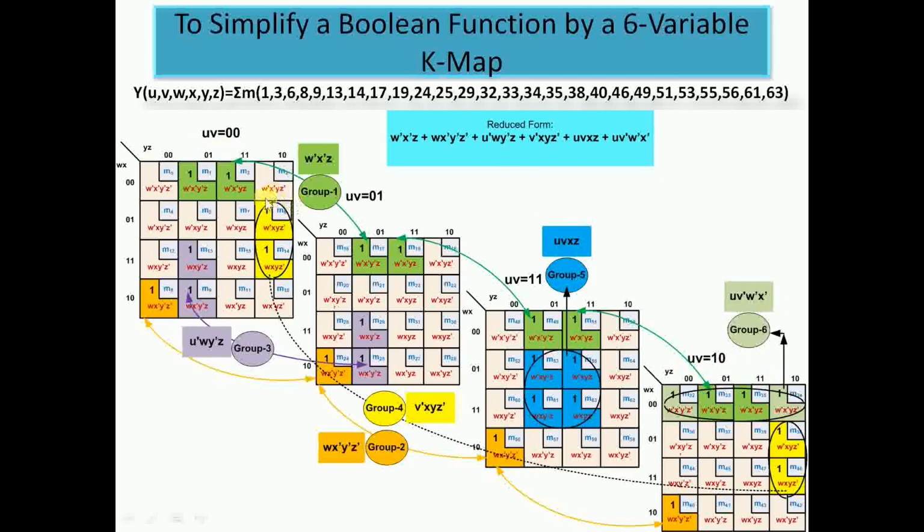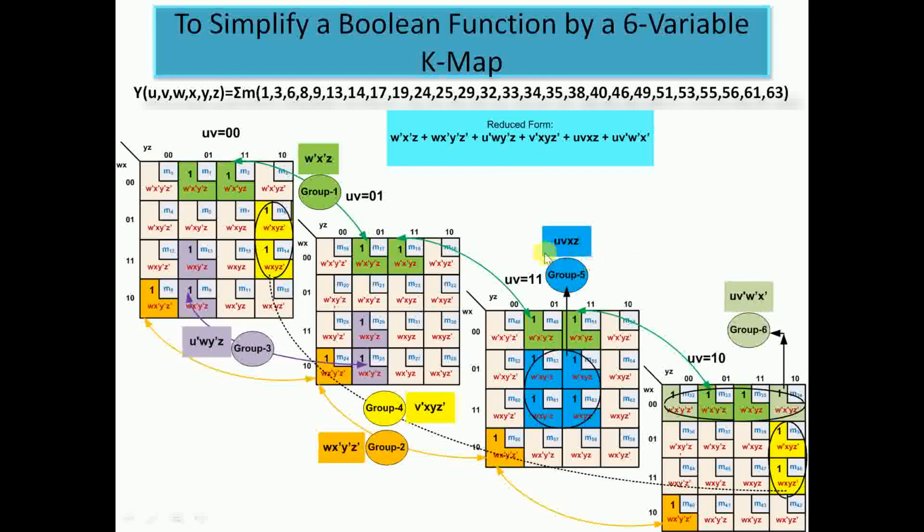So we have two min terms M6 and M14 that will combine with min terms in the map UV is equal to 1, 0 with M38 and M46. So we have another group of 4 min terms, with 2 min terms in the first map and 2 min terms in the fourth map. So this is group 4.